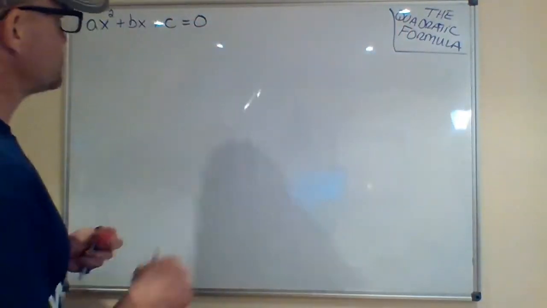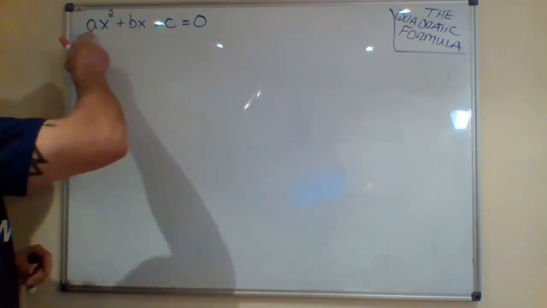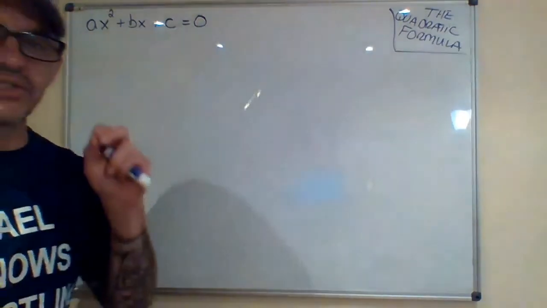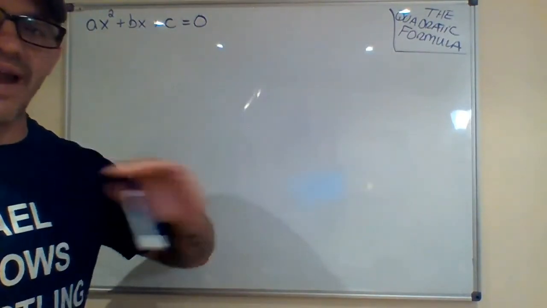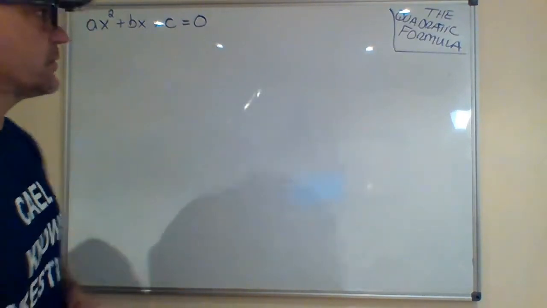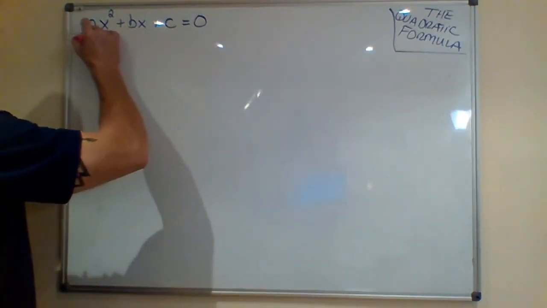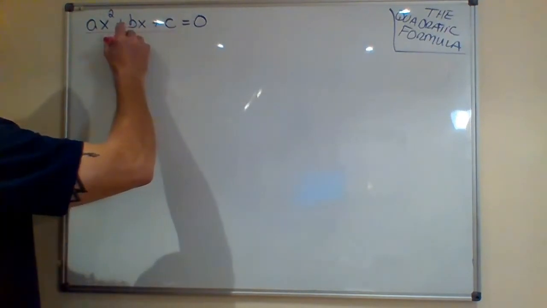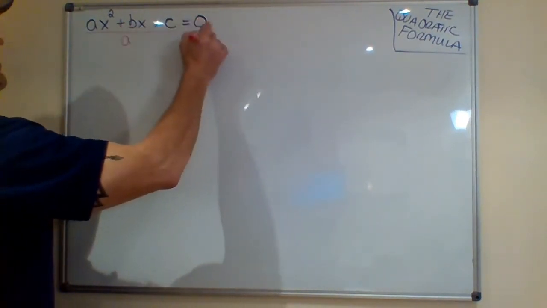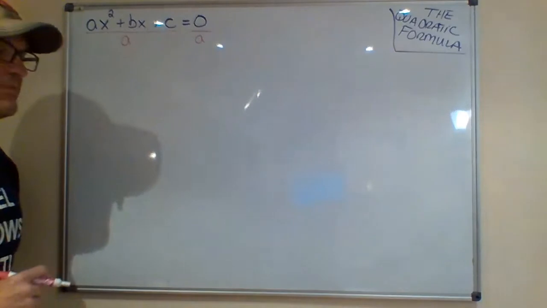I need that to be 1. The only way to ensure that it's 1 would be to divide out by it. So the first thing we're going to do is divide both sides by a. I hope you can see this. Got to write kind of small. This is going to take several steps.